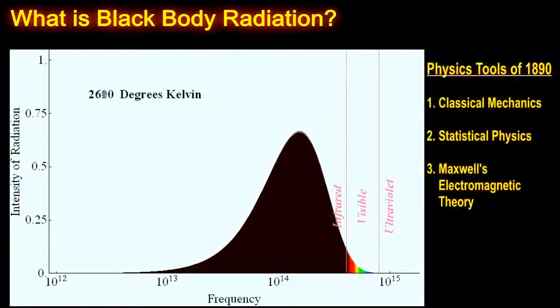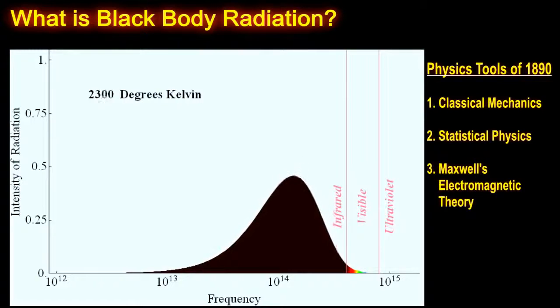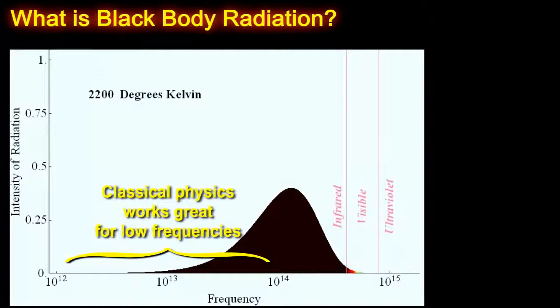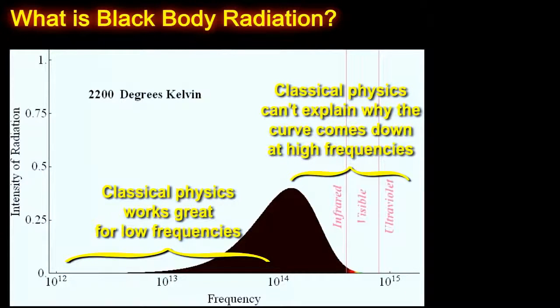Physicists began by using the tools they had: Newtonian mechanics, statistical mechanics, and Maxwell's theory of electromagnetism. They found that these tools could explain the observed behavior at low frequencies, but could not explain why the curve came back to zero at high frequencies. That was bad. Classical physics was predicting that the radiation energy in an enclosed vessel was infinite.